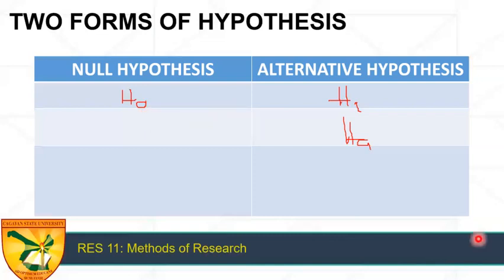So you have to be careful here though. In some studies, your prediction might very well be that there will be no difference or change. In this case, you are essentially trying to find support for the null hypothesis and you are opposed to the alternative.